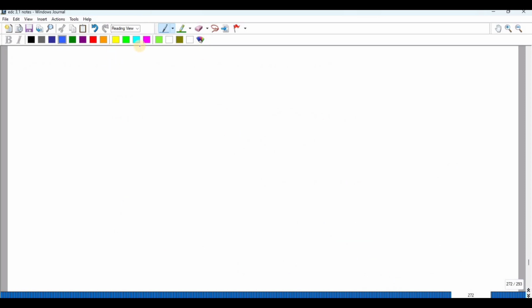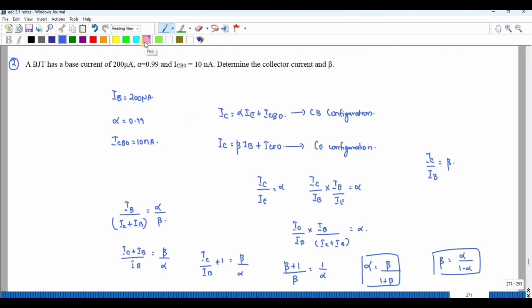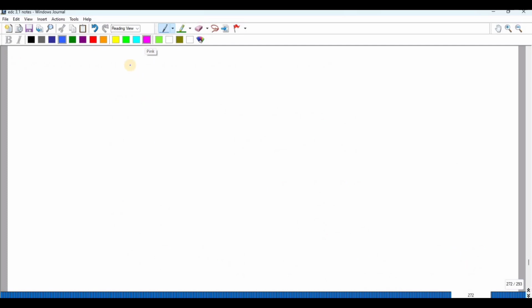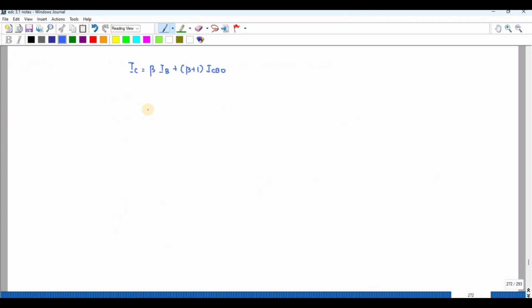So this expression I can write as IC is equal to beta IB plus beta plus 1 ICB naught. Given the alpha value, from this I can derive the value of beta. So what is beta?